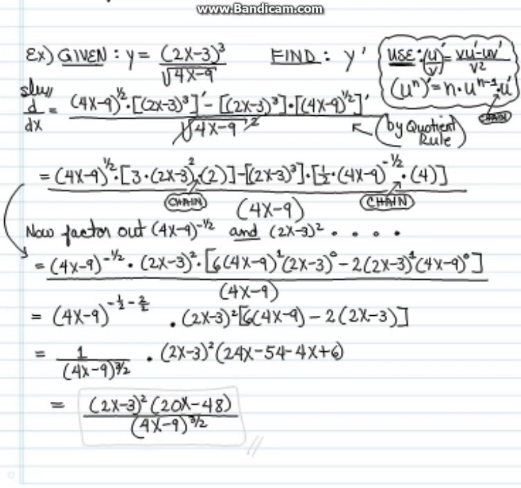Now, I should have really gone one more step because the question was not written in exponential form, it was written in radical form. So I should have written a radical for that denominator. I should have written (4x minus 9) cubed under a square root sign. But quite honestly, if you stopped there and didn't write it in radical form, I'm not going to take any points off. That's the correct answer. That's cool.